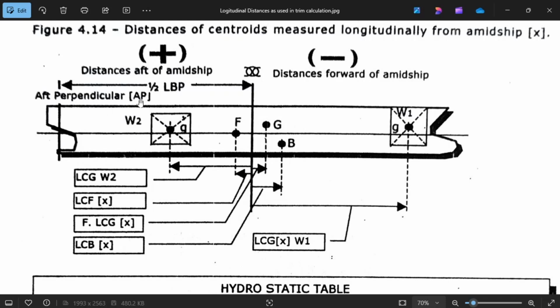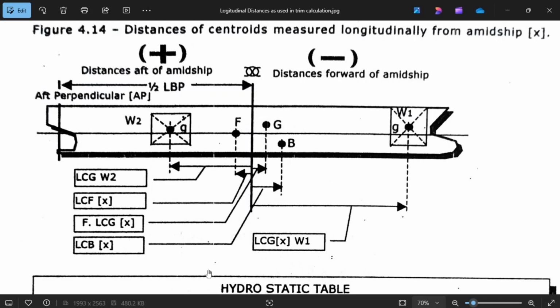Okay, it's asking what will be the distance here, because you have already your distance of 1/2 from amidship going to your upper perpendicular, and your weight is measured from the center or amidship going backward. What will be the distance between upper perpendicular to the center of the weight?